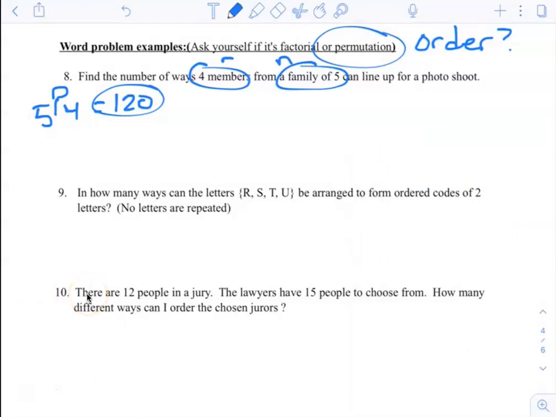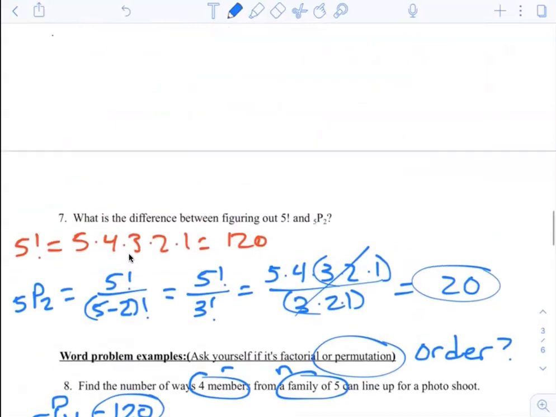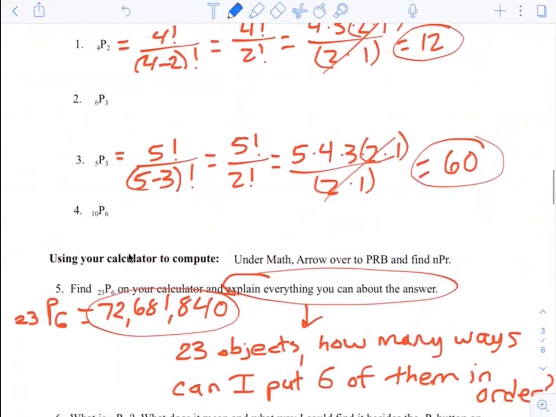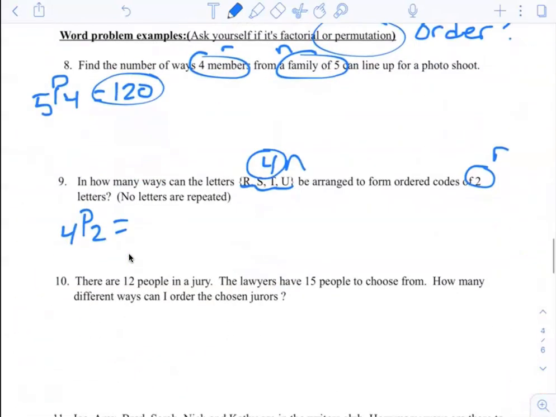In how many ways can the letters R, S, T, U, that's 4 letters, be arranged to form codes of 2 letters? So here's N, here's R. So we're doing 4 picking 2, and we had that answer up here somewhere. 4 picking 2 was 12. We already said that. But you can punch that in and make sure that you get 12.